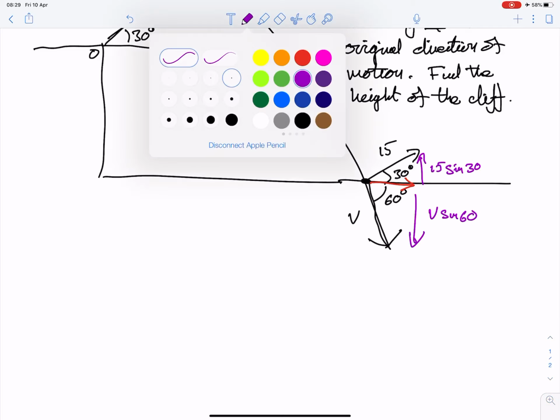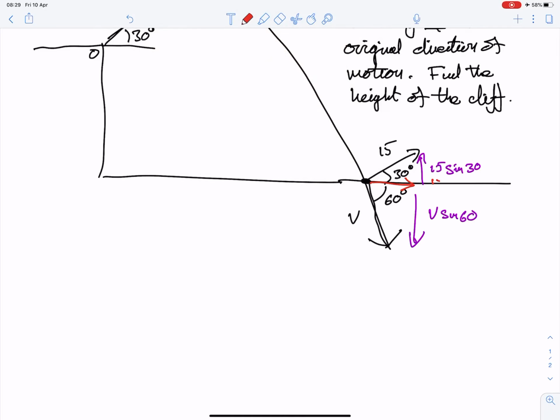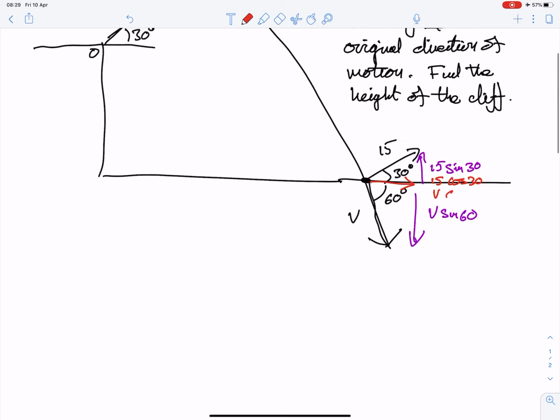And horizontally, here we've got 15 cos of 30, and for the speed when it enters the water, we've got V cos of 60.